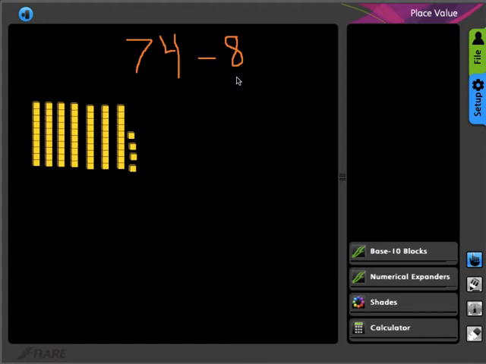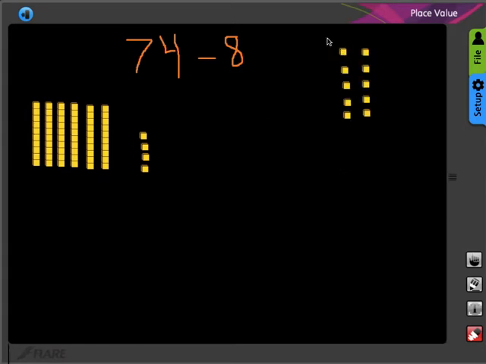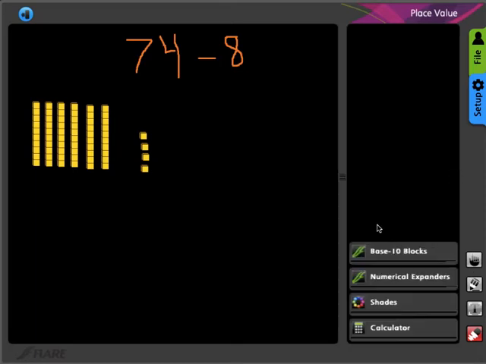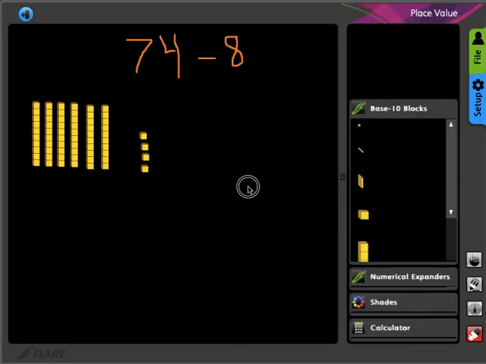So the first thing we have to do is decompose one of these 10s blocks into 10 1s blocks. So I'm going to take away a 10, and when you take away a 10, you need 10 more 1s. 1, 2, 3, 4, 5.